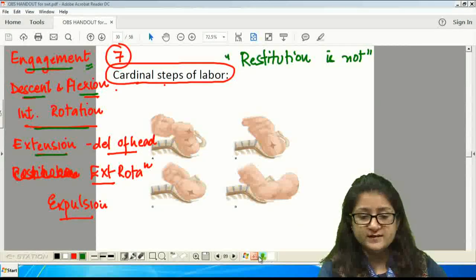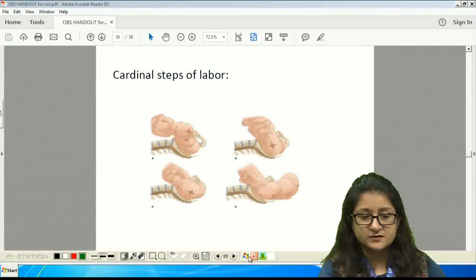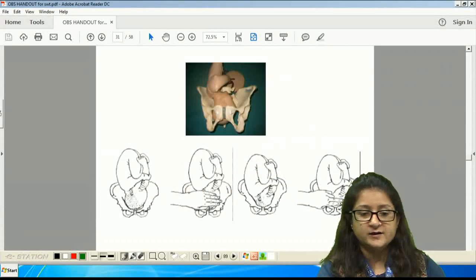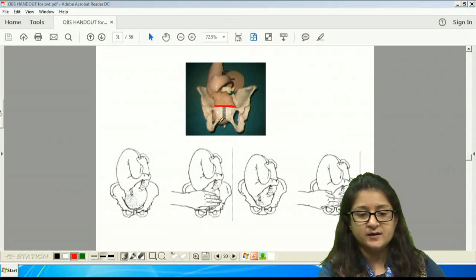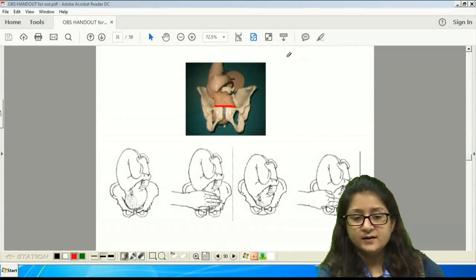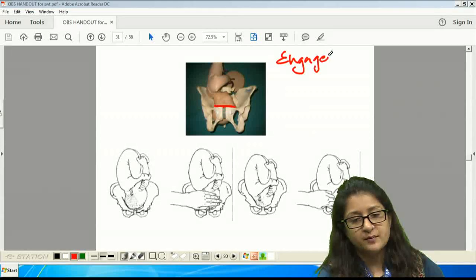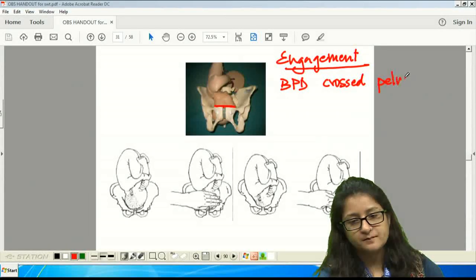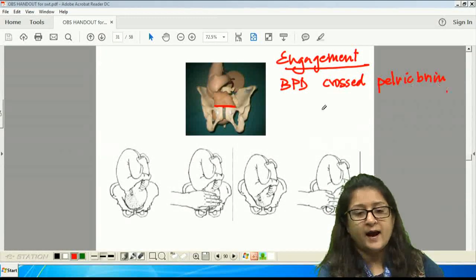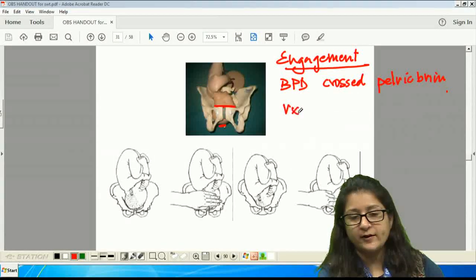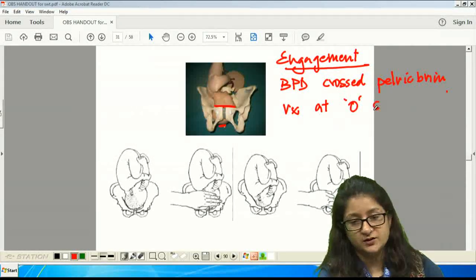When do we say that engagement has taken place? This is very important. We say that engagement has taken place when the biparietal diameter has crossed the pelvic brim, and the leading point of the vertex is at 0 station.